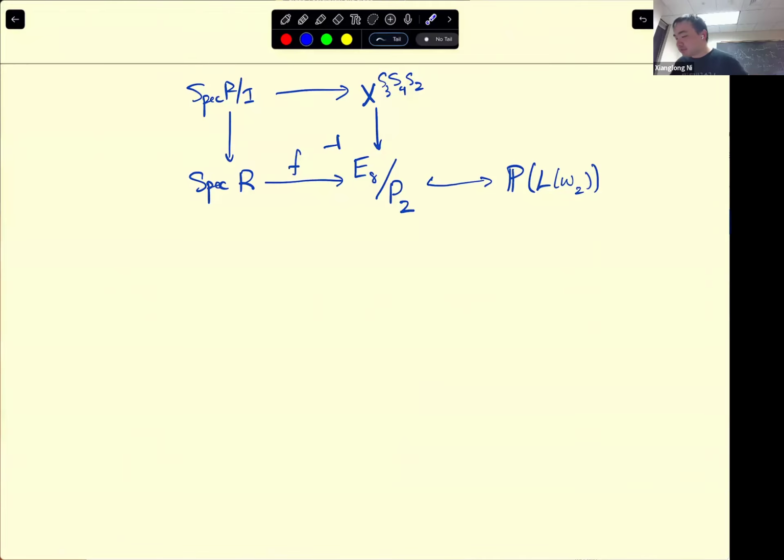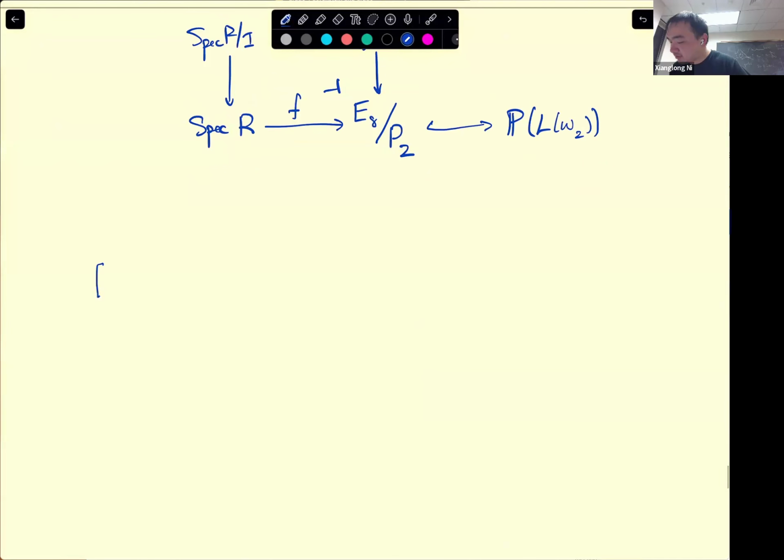And so what does that amount to more concretely? Then this is the data of some row matrix, a map from L omega dual, this representation of E8, to R. I can think of this map as being described by some row matrix of this form.